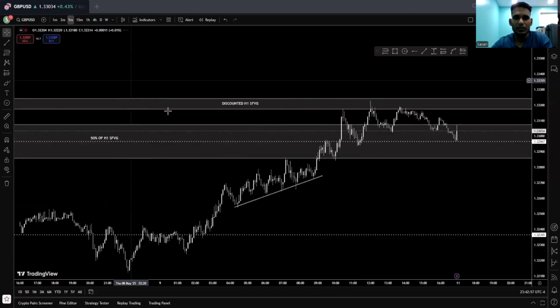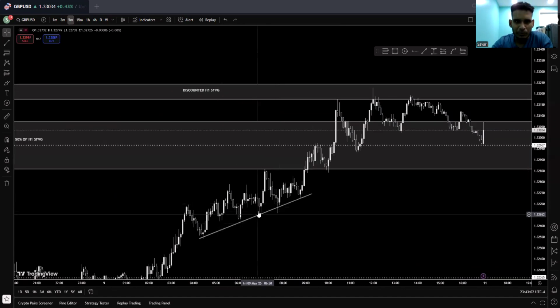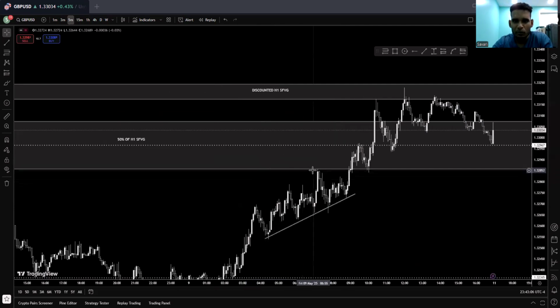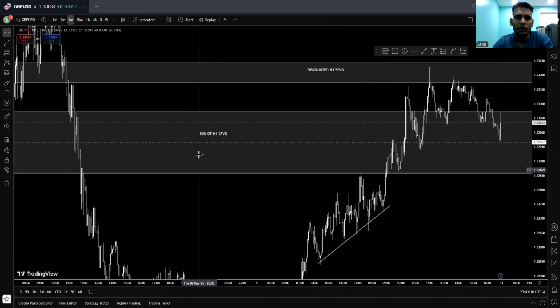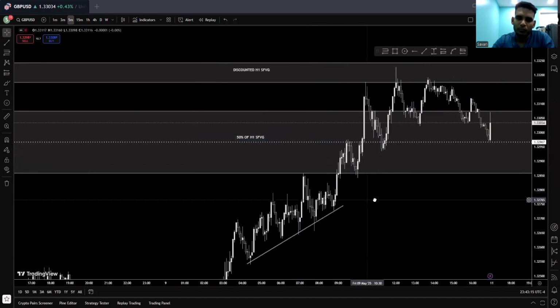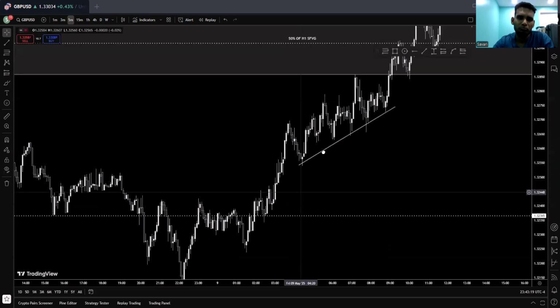And in the 5 minutes I got this structure shift. After this accumulation, price gave the structure shift, a big displacement to the upside, and price just tapped the 1 hour fair value gap. So I marked out the 1 hour fair value gap, the 50% of the level. What I'm expecting here is it's a clear liquidity.